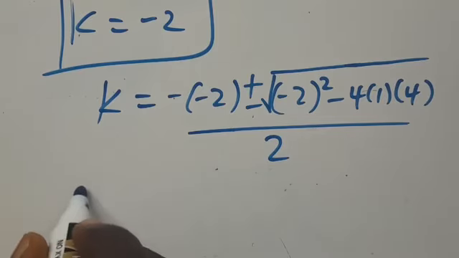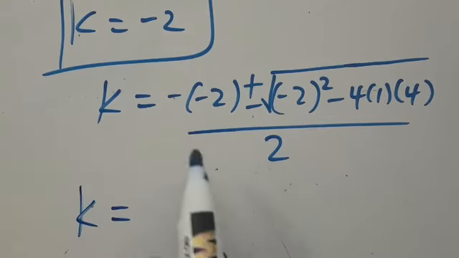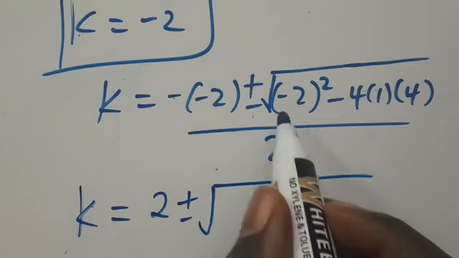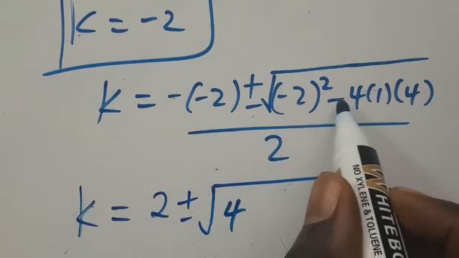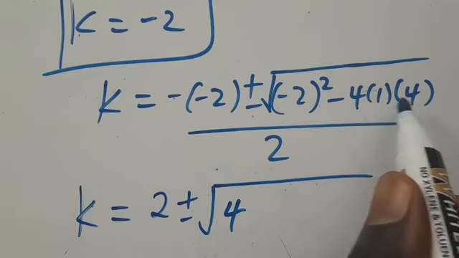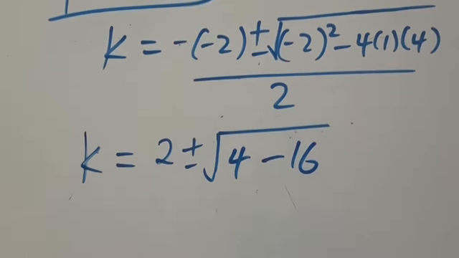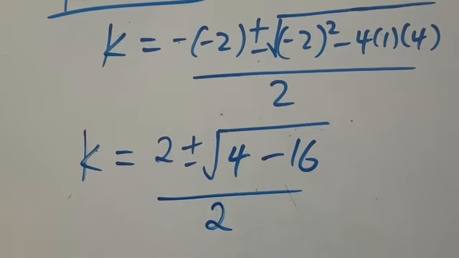Then from here we have k equals minus times minus will be 2, positive or negative root of 4 minus 4 multiplied by 1 multiplied by 4, which will be minus 16, then all divided by 2.